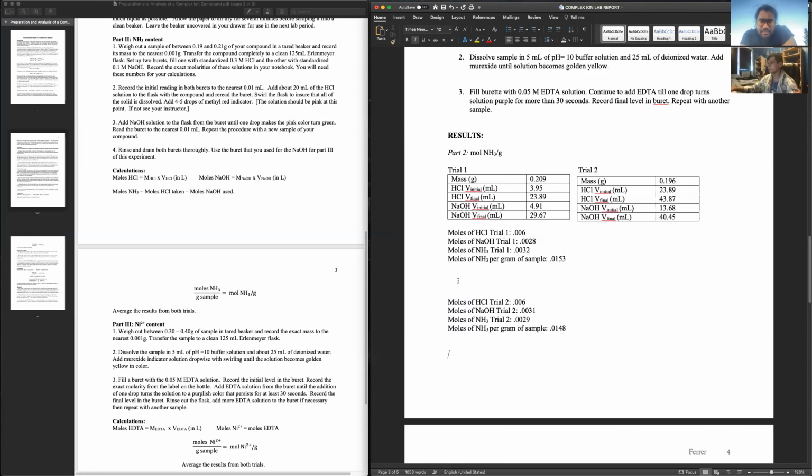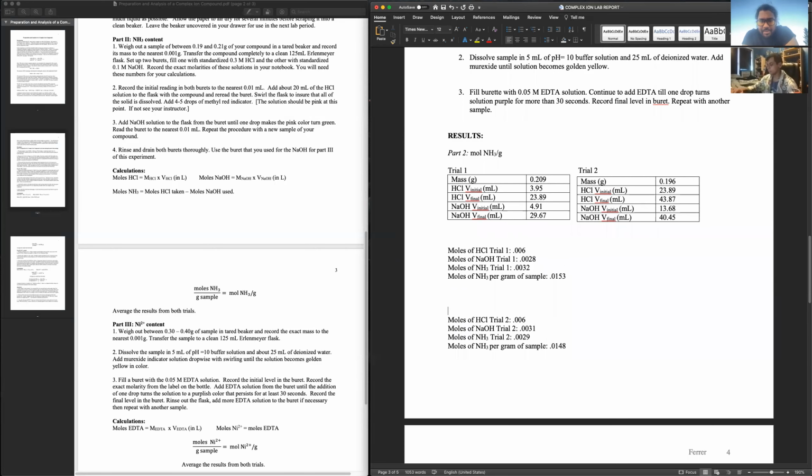Okay. Sorry. Say it again. Yeah, so now you just average out the moles of NH3 per gram of sample. 0.0153 and 0.0148. Just average that. Average moles of NH3 from both trials.